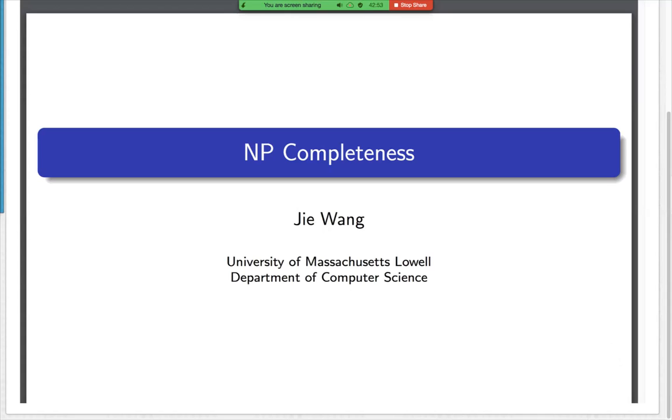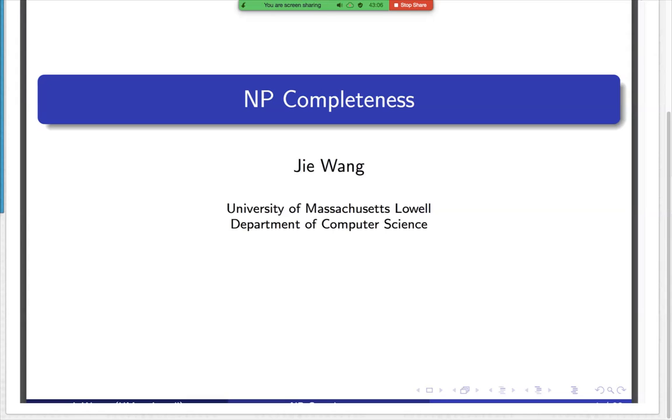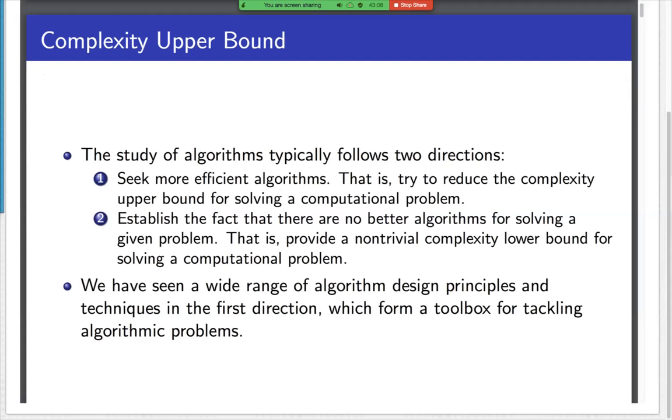So we're gonna look at intractabilities. Okay, so let's look at this general slide here. The study of algorithms typically follows two directions.